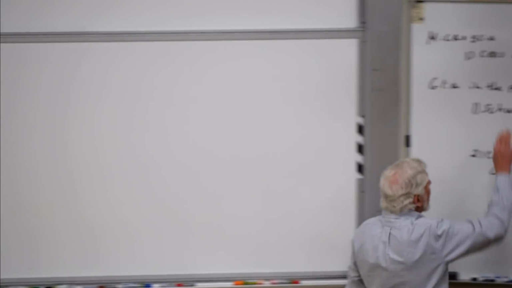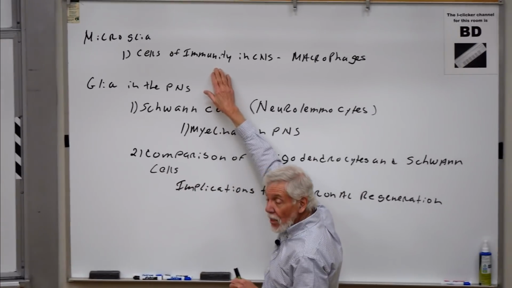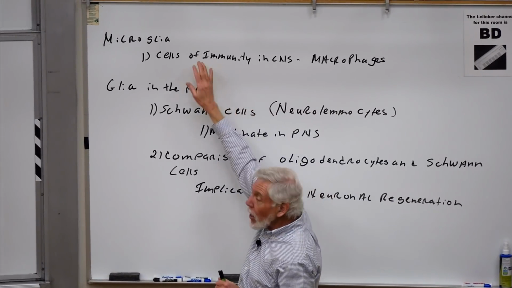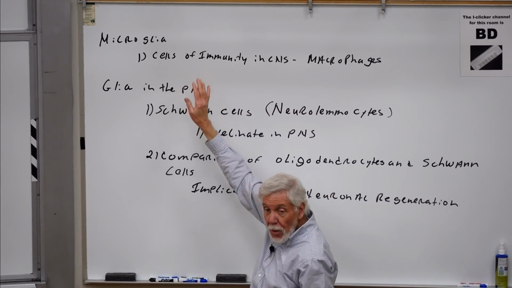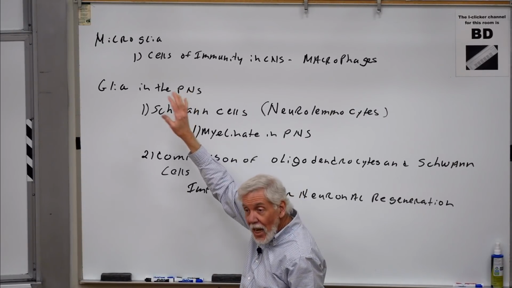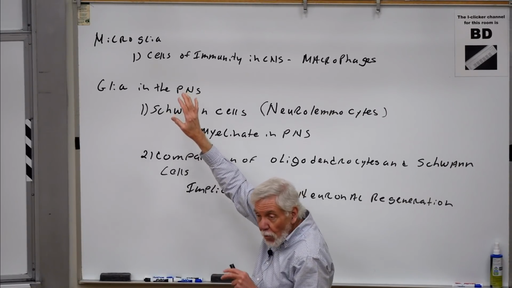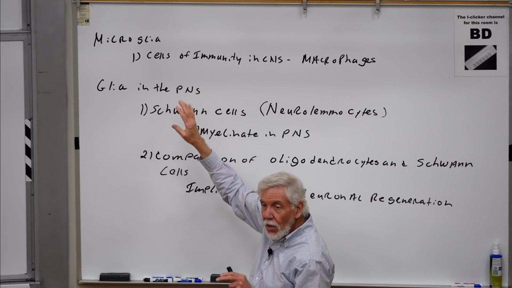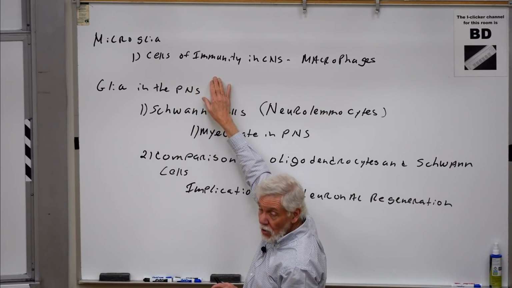There's a third type of glia beyond the astrocytes and the oligodendrocytes called the microglia. But this, in fact, turns out to be a misnomer. The microglia are not really of the same embryological origin. They don't come from ectoderm. They're not like the glia. They're not like the neurons. These are cells of the immune system.